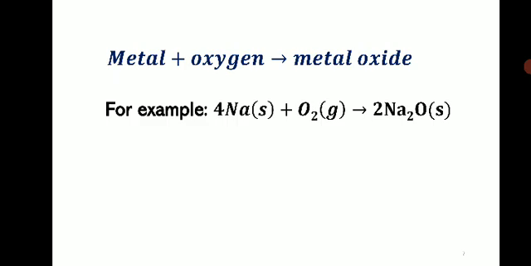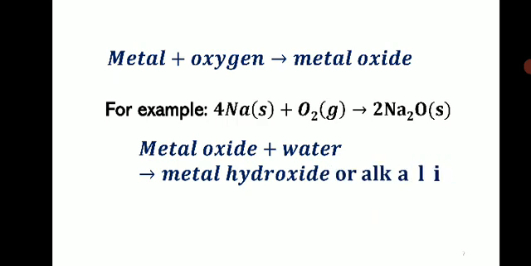These metal oxides formed are soluble in water, and when soluble in water, they give their hydroxide solutions. Thus metal oxide plus water is equal to metal hydroxide, which is called an alkali.